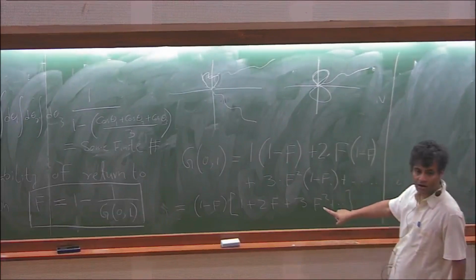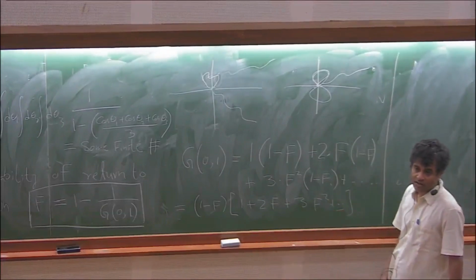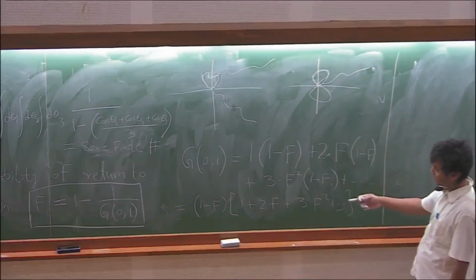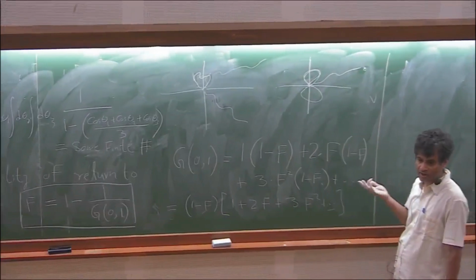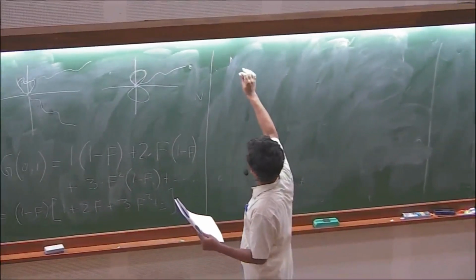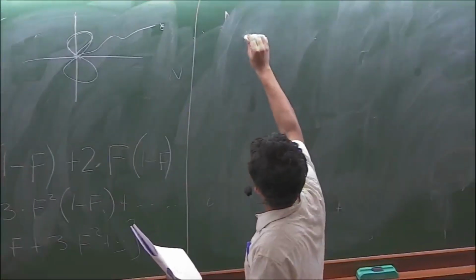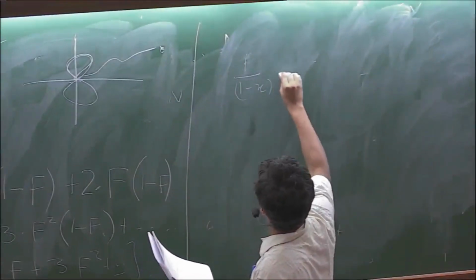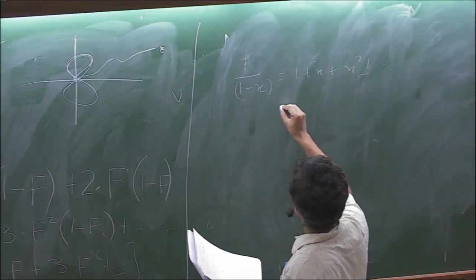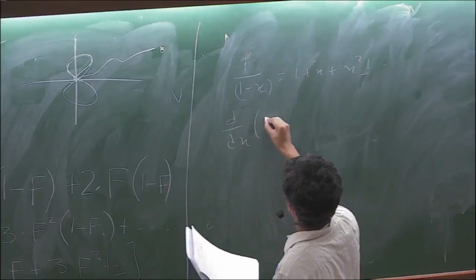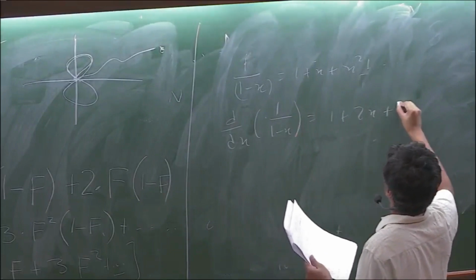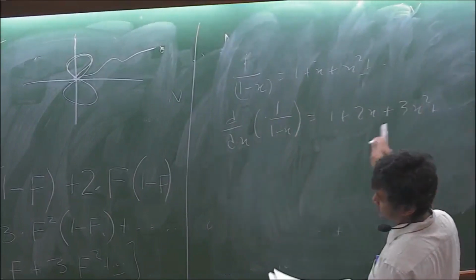Okay, so how do I sum this series? Right, yeah, it's like n times x to the power n plus 1, some series like that. So if you know how to sum it, then if you take a derivative, that is the series, right?